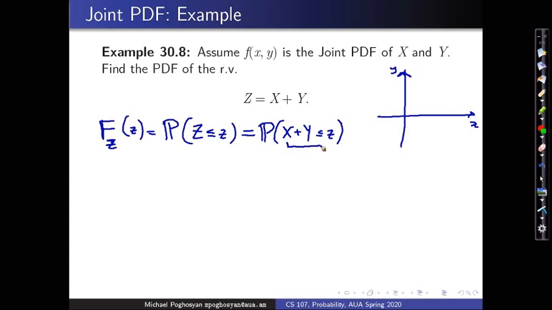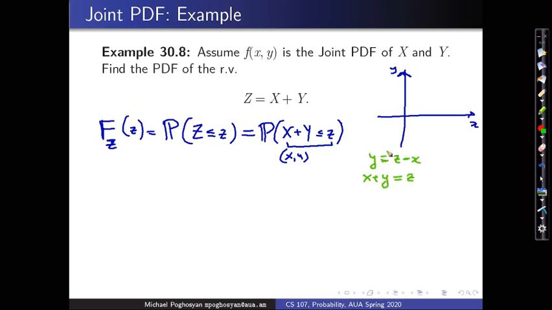So I need to calculate the probability of this. I'm drawing where my x,y point is lying. The x,y point is lying under some curve, and I want to draw that curve. So I'm drawing the curve y equals z minus x, so y plus x is equal to z.